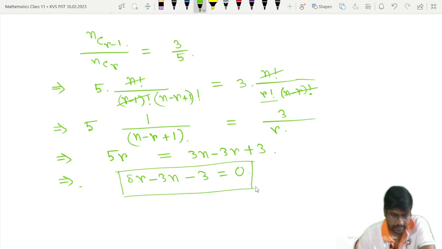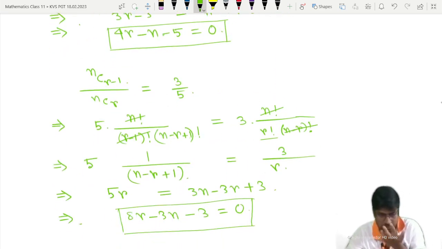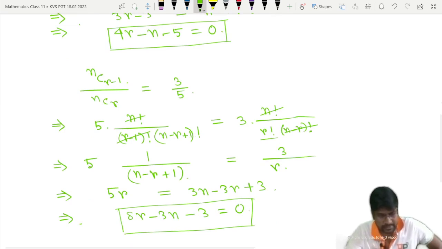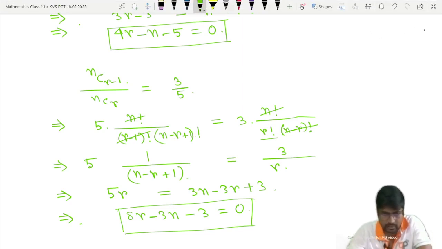One equation previously we have got that 4r minus n minus 5 is equal to 0, and here we have got 8r minus 3n minus 3 is equal to 0. So now we have to solve for n. What we will do, we will multiply this equation by 2.